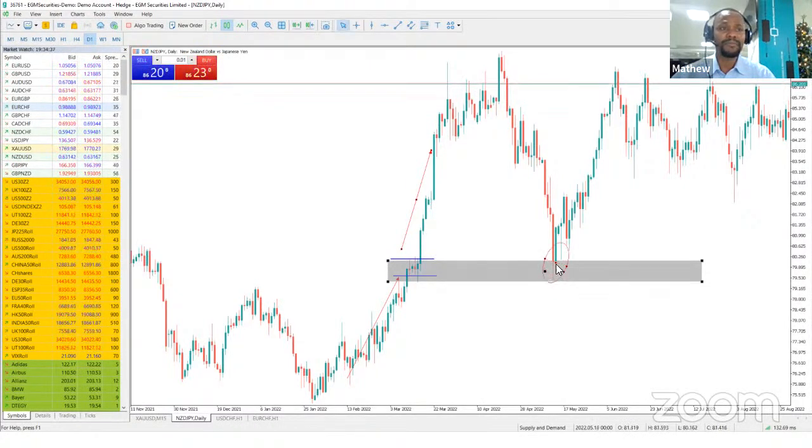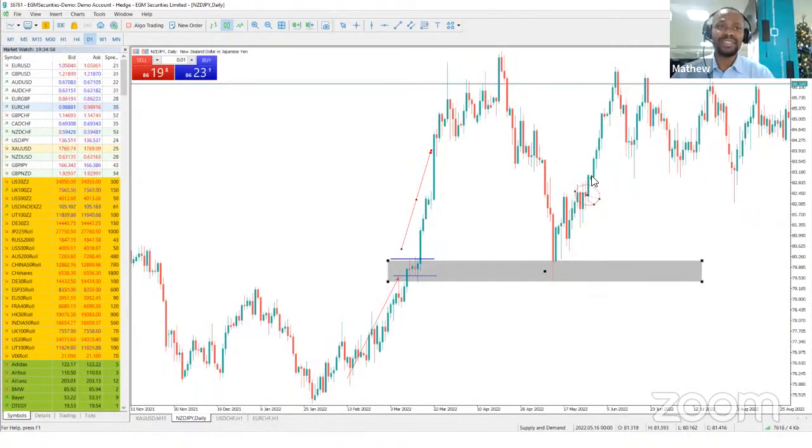This point here, right? So what are the characteristics of these candlesticks that are going to help you? Look at how the candlesticks get into this zone and exit very fast. This is a characteristic of a high potential or high probability demand zone.